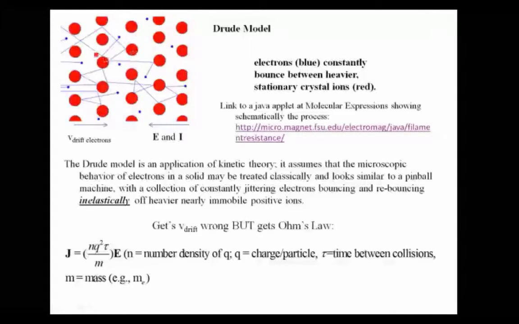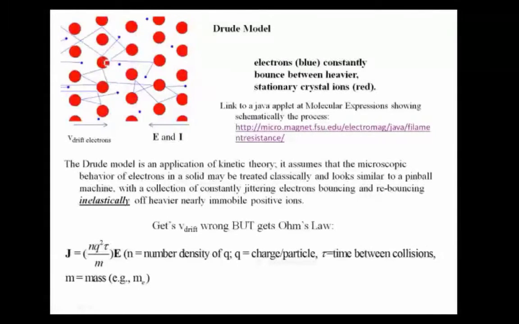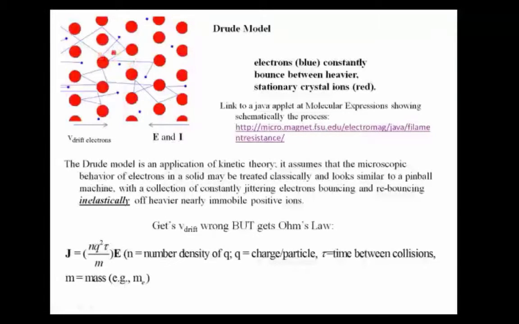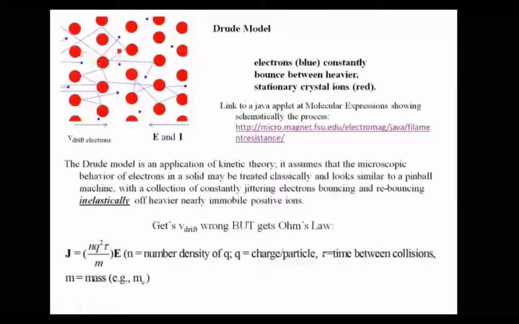If you have collisions with these lattice ions, then you will change the direction of the velocity and make it harder for charge to move through the material. And so what Drude was saying is that if we use the kinetic theory of gases to describe this process, we might be able to quantitatively examine that.